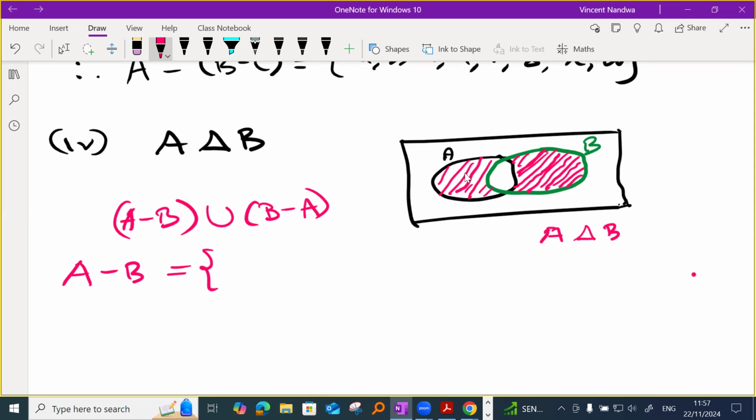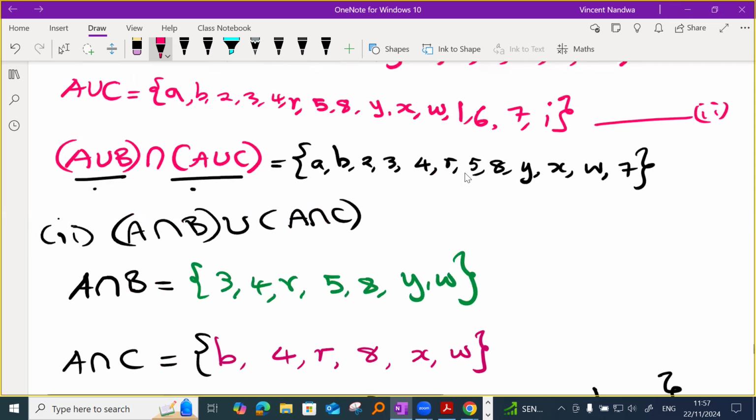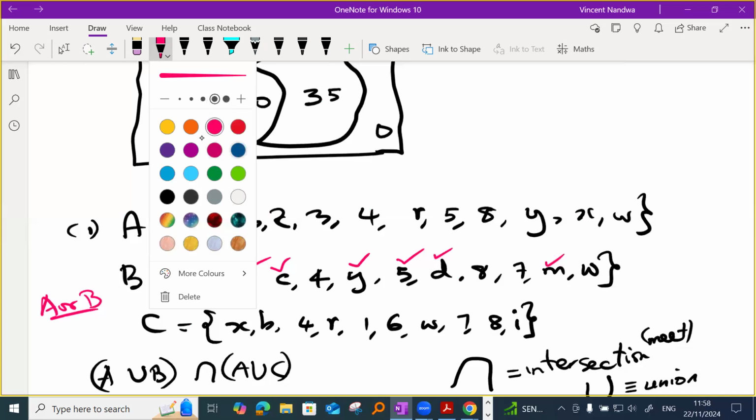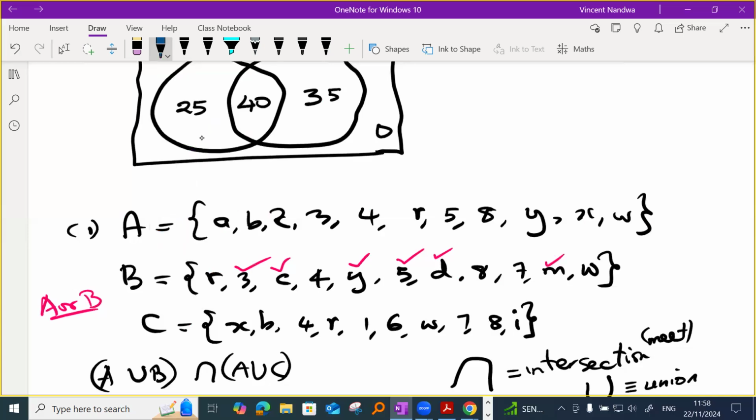So let's go to the original A and B. You start in set A and then check: can you see small a in B? So this will be part of that set. Can you see b in B?